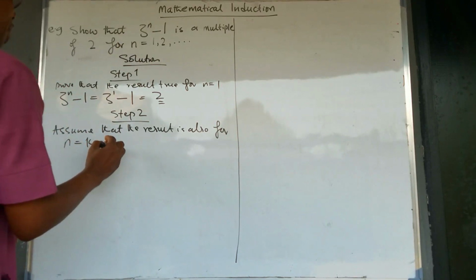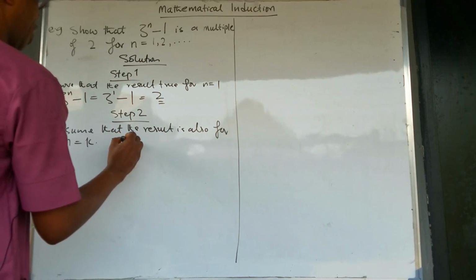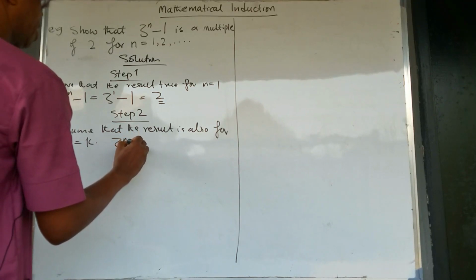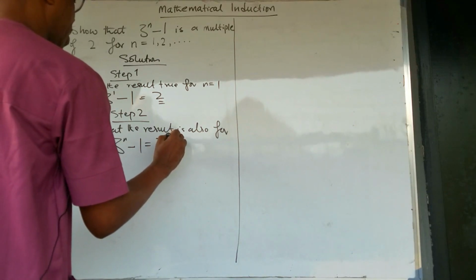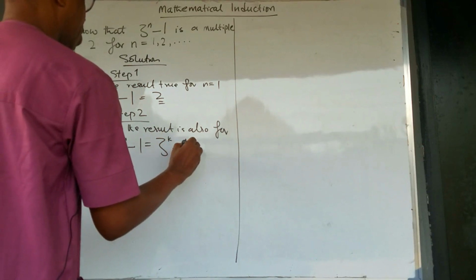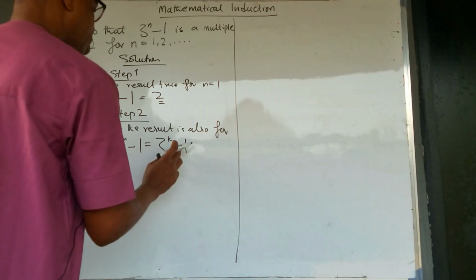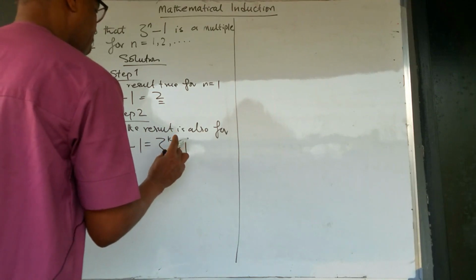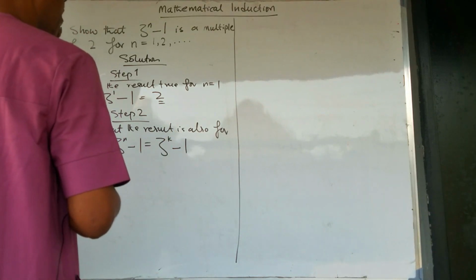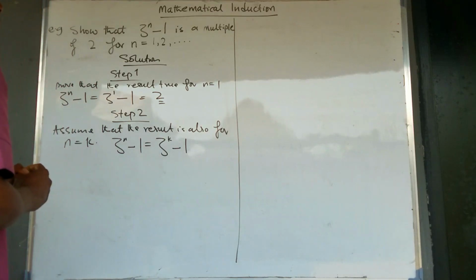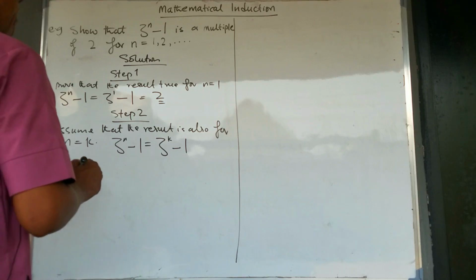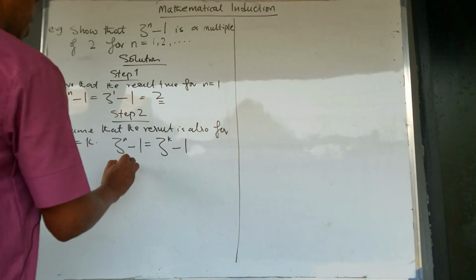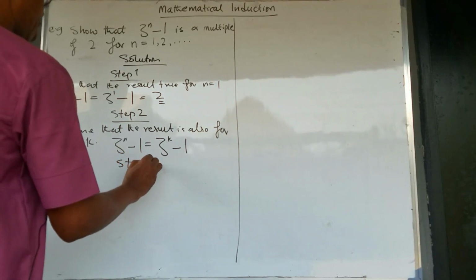So what I will have here will be 3 raised to the power k minus 1. Now, with this information, remember that this one is only an assumption, but I will still need it when I look at step 3 of solving this situation.